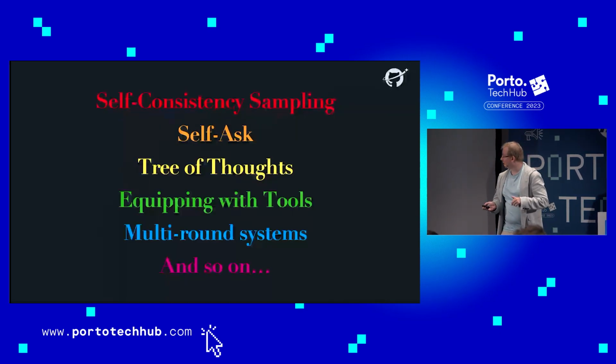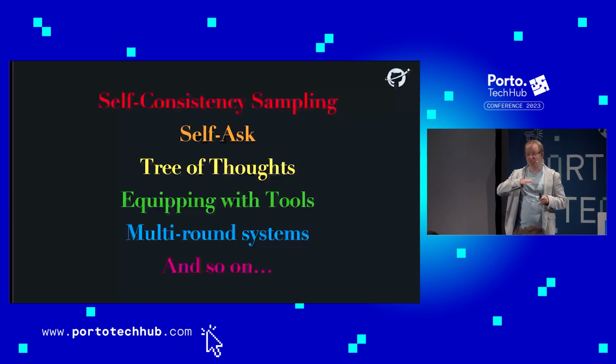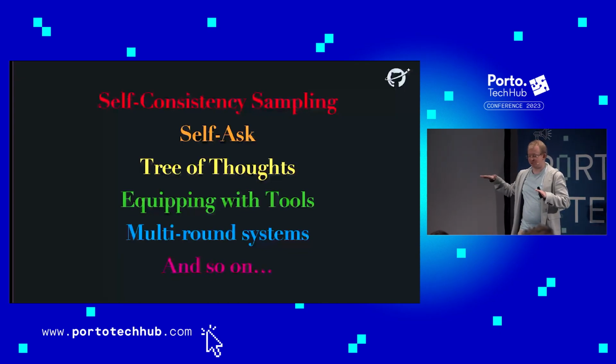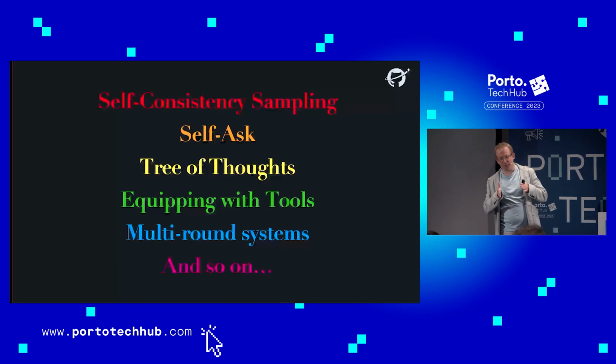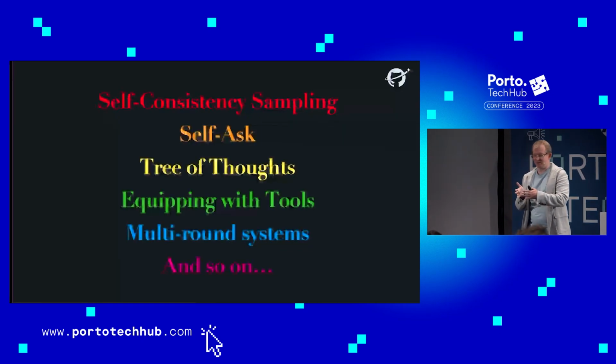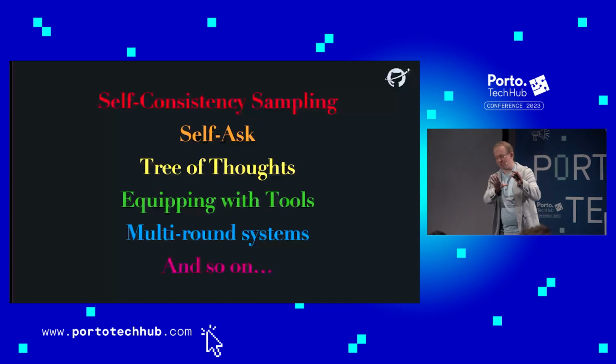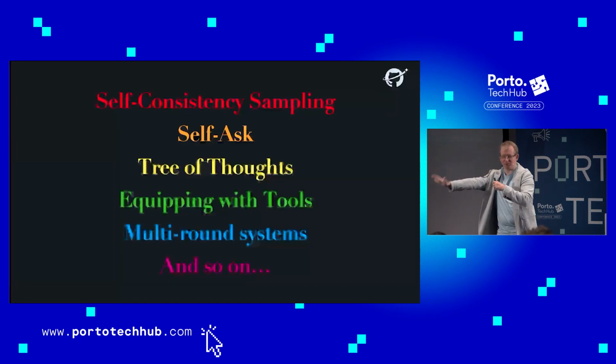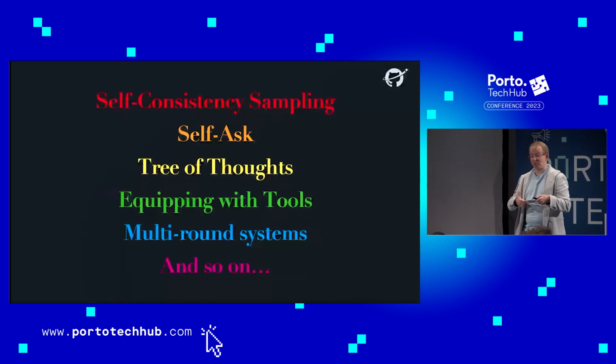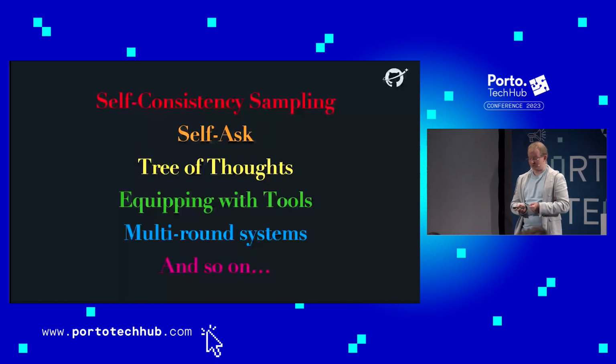Those are often multi-round systems, so it's multiple requests to the model happening in a chain. We do one request, we get the result back, we perform some operation on the result, we put all the previous context and all the new context into the next request, and we do another request. So those are more and more complex systems that we try to create with those AI models.